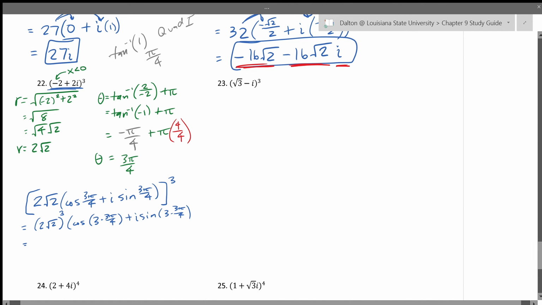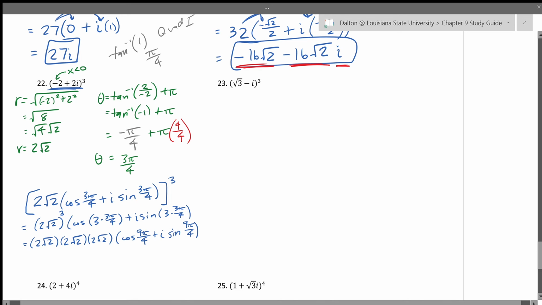If you have a hard time understanding that, literally expand it 3 times: 2 square roots of 2 times 2 square roots of 2 times 2 square roots of 2. And then we can simplify the cosine of 3 times 3 pi over 4 is just going to be 9 pi over 4 plus i times the sine of 9 pi over 4.